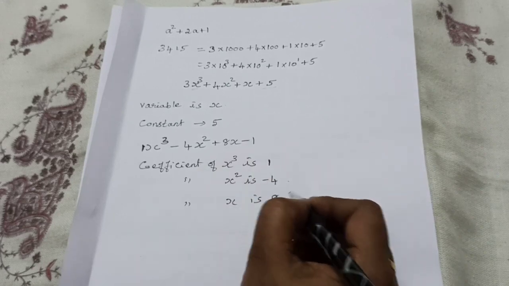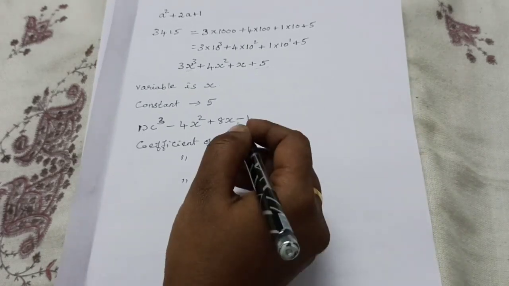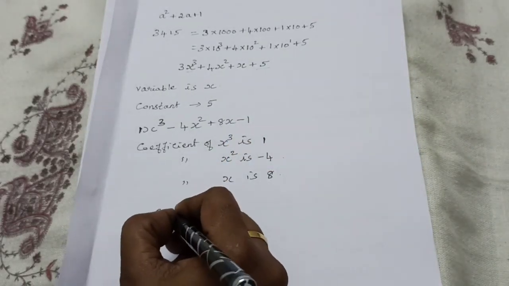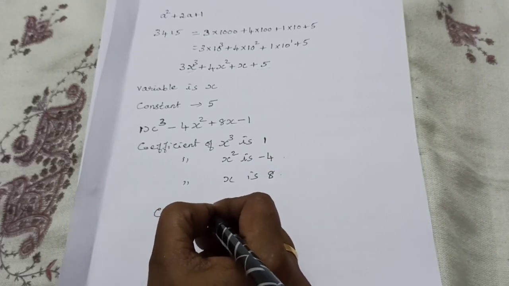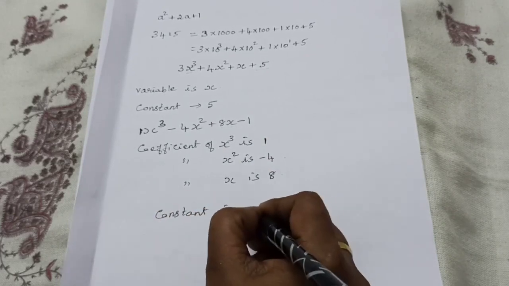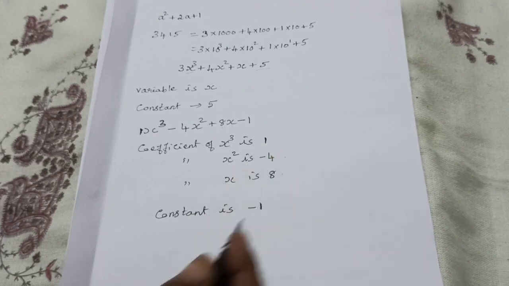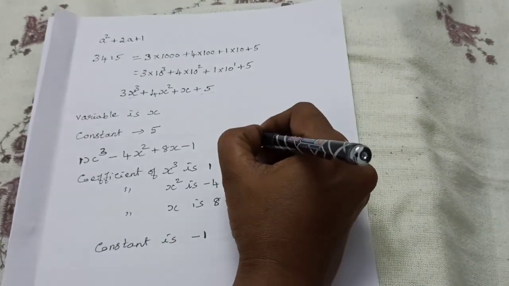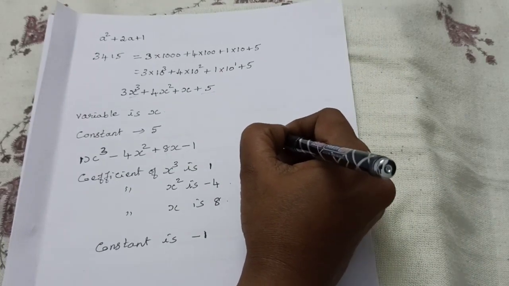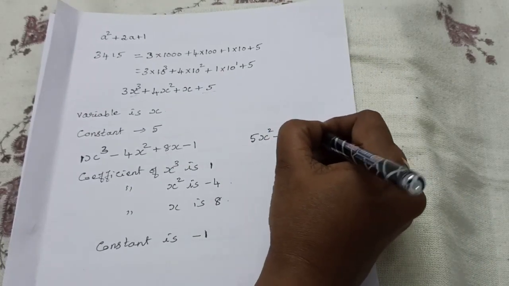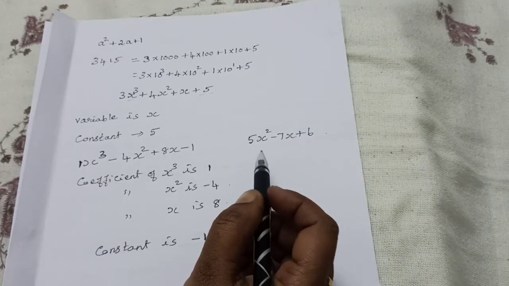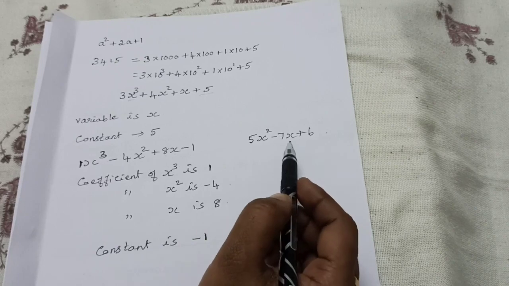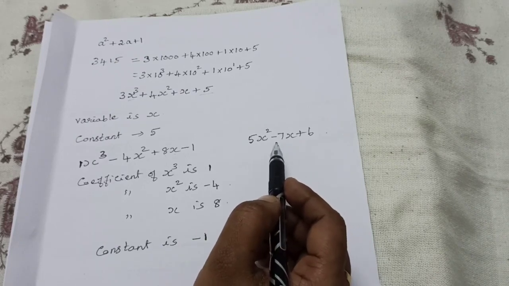8. Have you understood? And which is the constant? Constant is minus 1. Then one more example: 5x square minus 7x plus 6. Here what's the coefficient of x square? 5, isn't it? What's the coefficient of x? Minus 7.